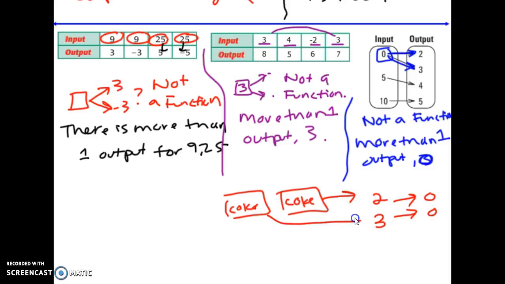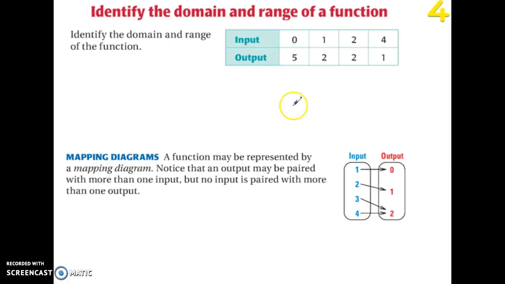That would be like this one here and this one here. That's okay. So on our next slide, they're asking us a different question, but if I just look at this information down here, here's a button that says 3 and a button that says 4. They're both giving me a Coke. We could have 2 buttons that give me a Coke. That's okay. So this is a function, but they're actually asking us a different question.